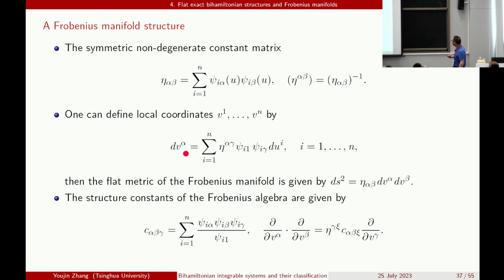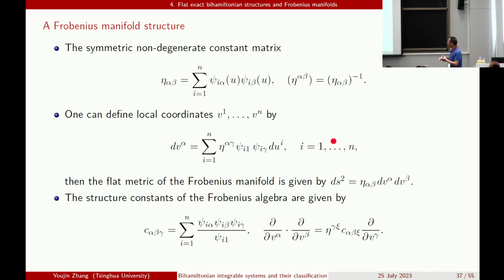And we can also choose local coordinates of this manifold M, denoted by v_1 to v_n, by using these solutions of the linear system. And we will find that the right-hand side gives a closed one-form. So we can define u_1 to u_n. Using these flat coordinates, we define the flat metric of the Frobenius manifold structure.